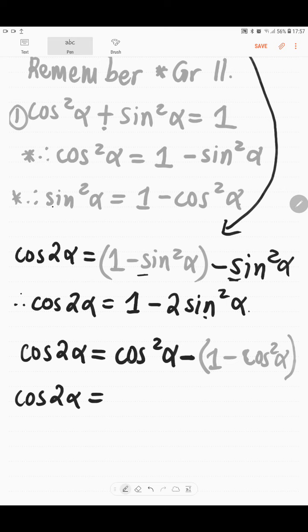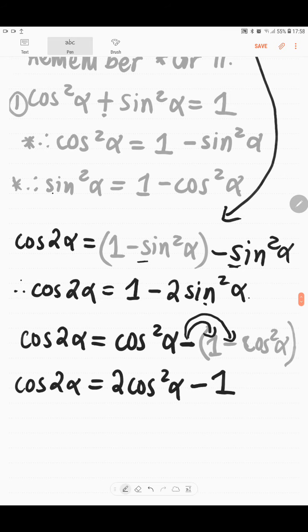The cos squared alpha is also a like term, but the first thing that we need to do is distribute this negative sign to these two terms that are here. So this one will remain negative, but this one now becomes positive, and also this one is now positive. So the result will be looking in this manner: 2 cos squared alpha minus 1.